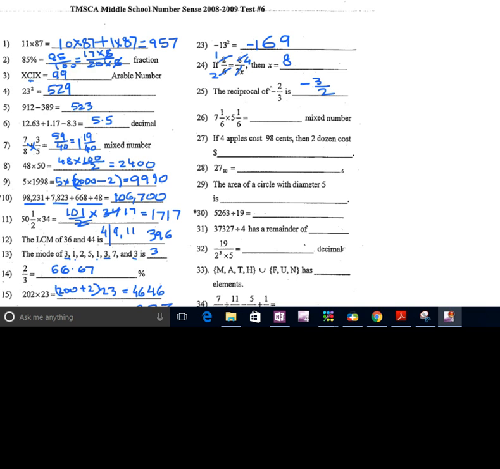Question number 26. 7 1/6 multiplied by 5 1/6, and the answer has to be expressed in mixed number format. So whenever the fraction is the same, as in this case, we can see that it is 1/6.